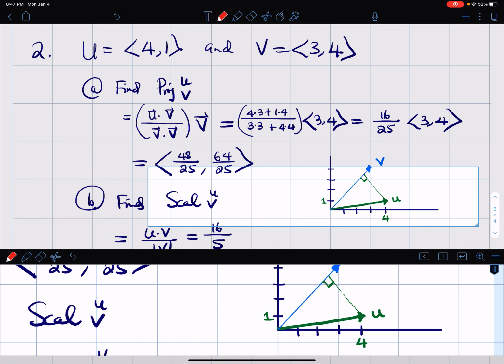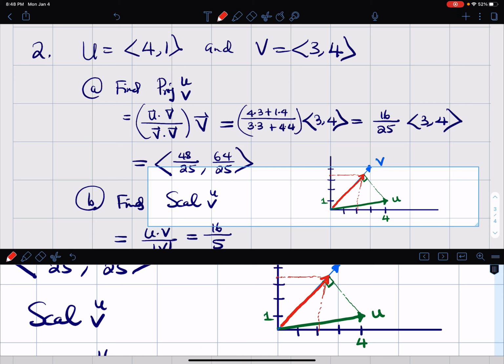So the orthogonal projection, let's make it red. So we get this. The orthogonal projection is (48 over 25, 64 over 25). Approximately it's supposed to be around here, around 2, and then it's supposed to be there.